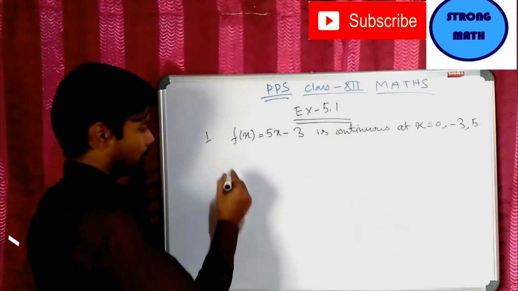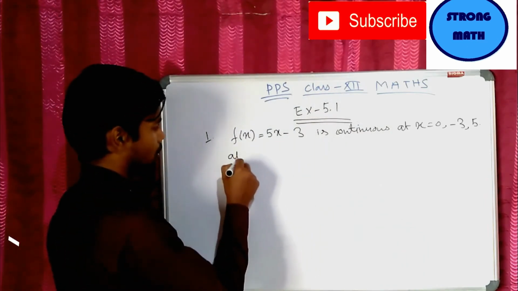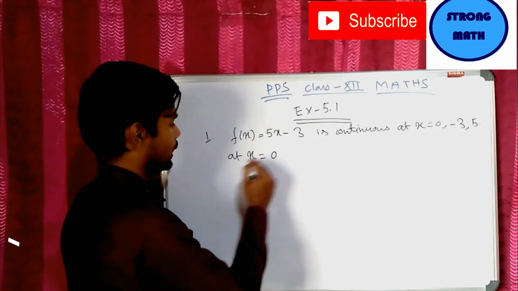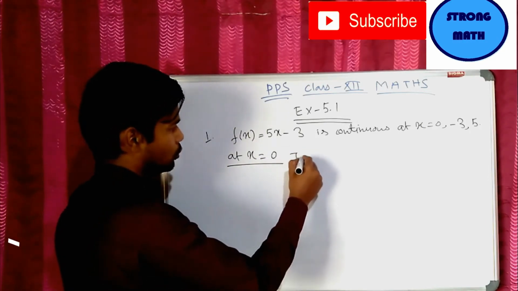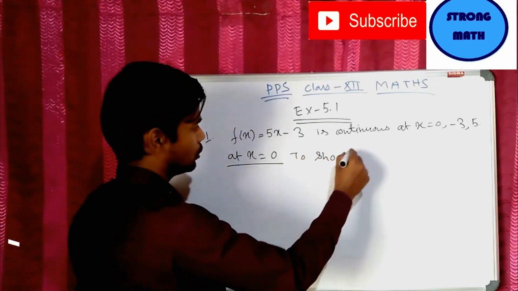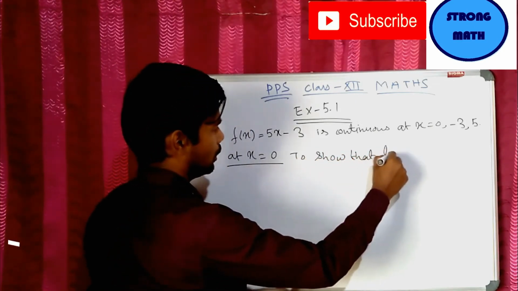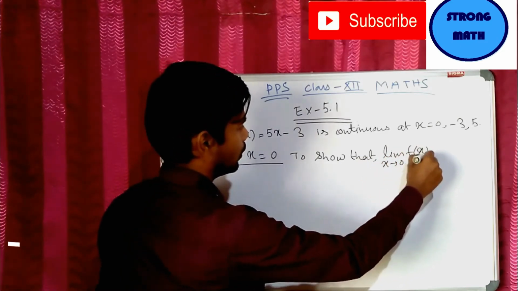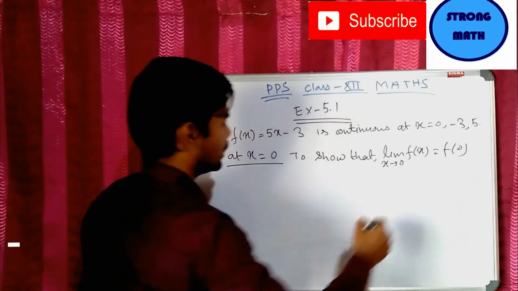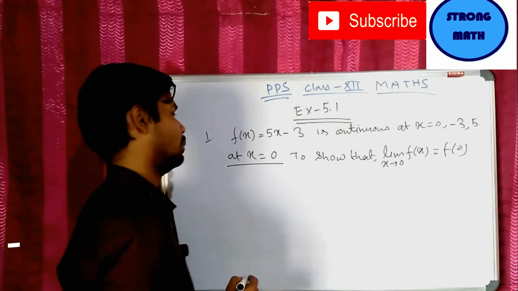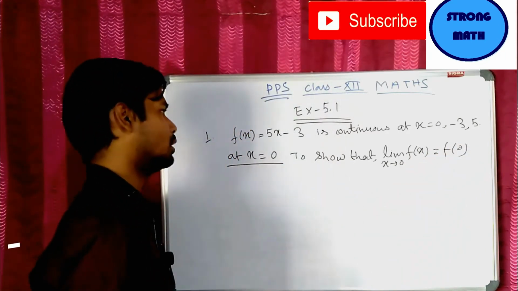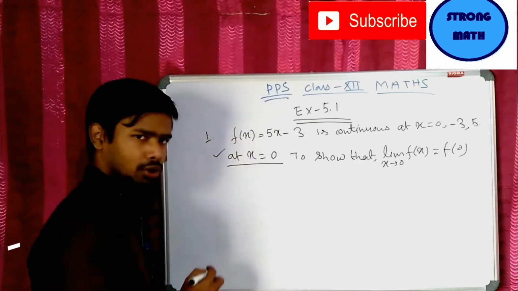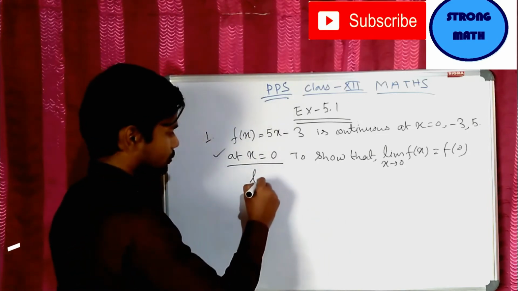So basically we have to show that, first for x equals 0, limit x tends to 0 f of x equals f of 0. If this happens, then by definition of continuous function we can say that the function is continuous at x equals 0. So let's start.